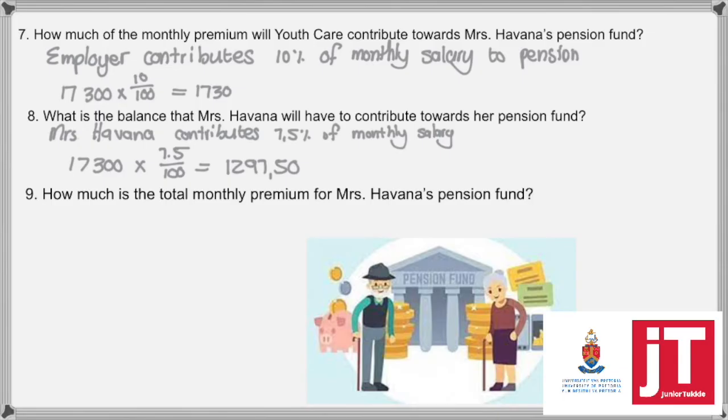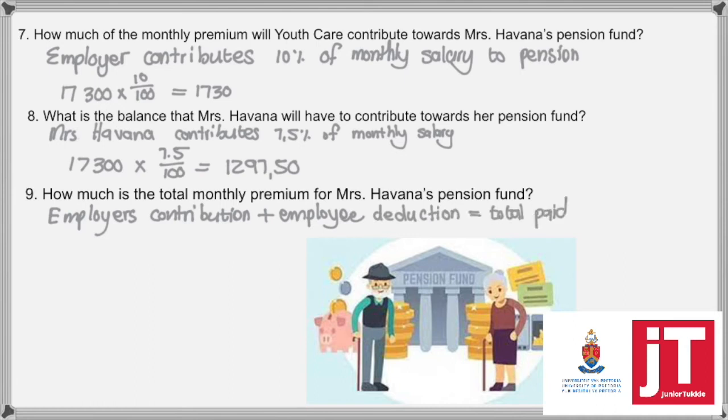So how much is the total monthly premium for Mrs. Havana's pension fund? And that will be your employer's contribution plus the employee's deduction is your total payment to the fund. So the employer contributes towards your employee's pension as well, yet again as an additional salary perk.